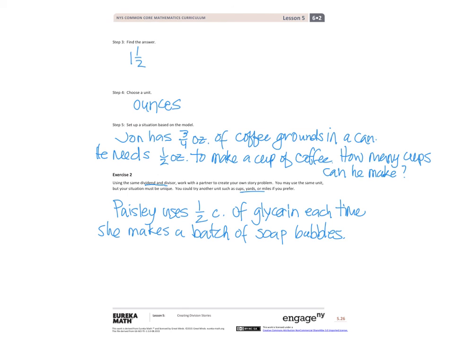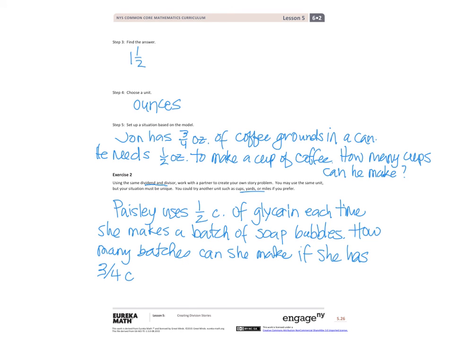So how many batches can she make if she has 3/4 cup left in her glycerin bottle? Okay, and we already answered the question, but we're just coming up with another problem. So let's go. I think we are good on there.